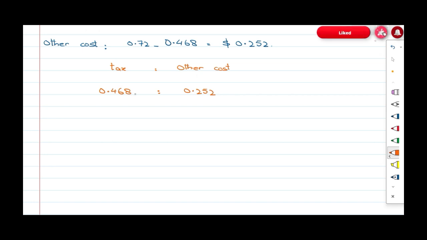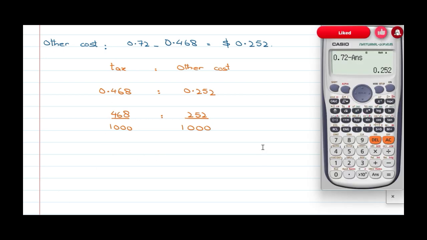First, convert the decimal into a fraction by doing 468 divided by 1 with 3 zeros, and 252 over 1 with 3 zeros, 1000. Why am I dividing by 1000? Because after the decimal place there are 3 digits, so 1000 has 3 zeros, right? Now let me convert both of them into simplest form. So what is 468 over 1000?